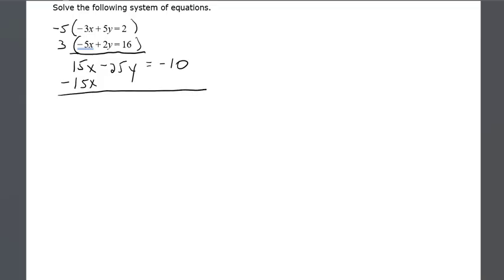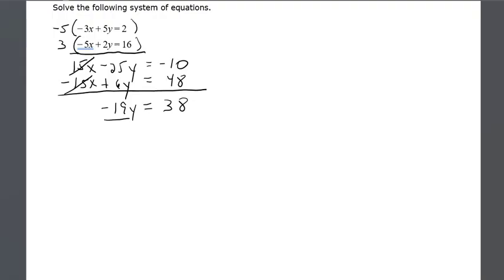So I go ahead and finish my distributive property. 3 times positive 2 is positive 6y, and 3 times 16 is 48. So now I'm going to add the two equations together, and my x is eliminated. Negative 25 plus 6 gives me negative 19y. And negative 10 plus 48 gives me positive 38.